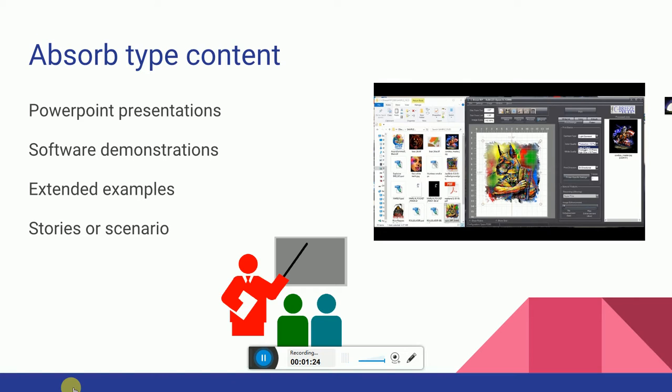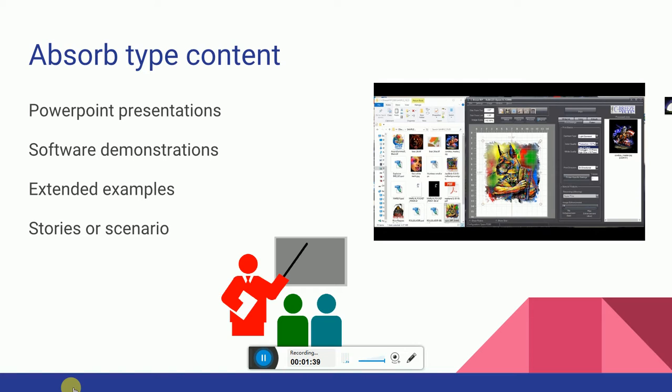The absorb type content has a lot of different types. Horton mentions several examples.